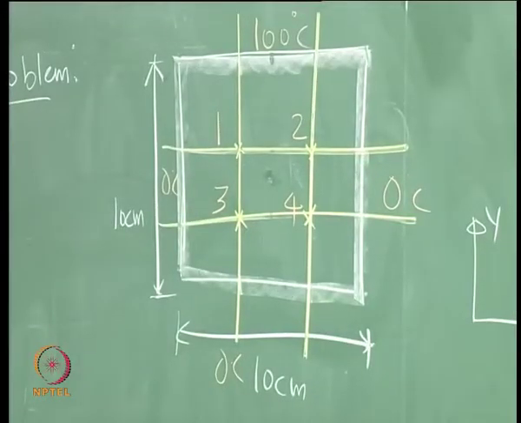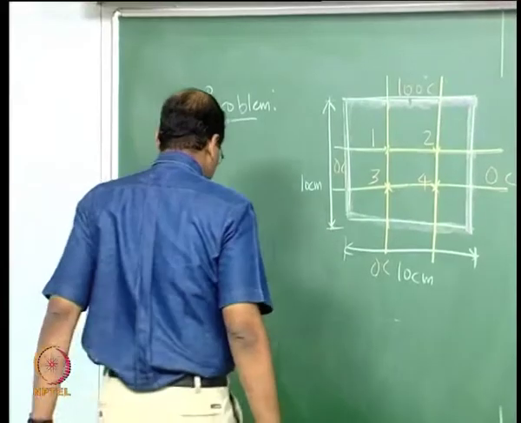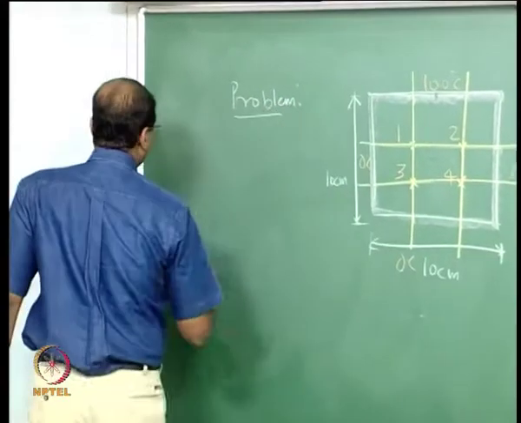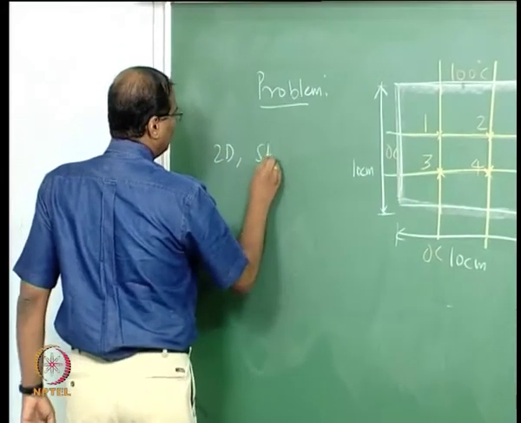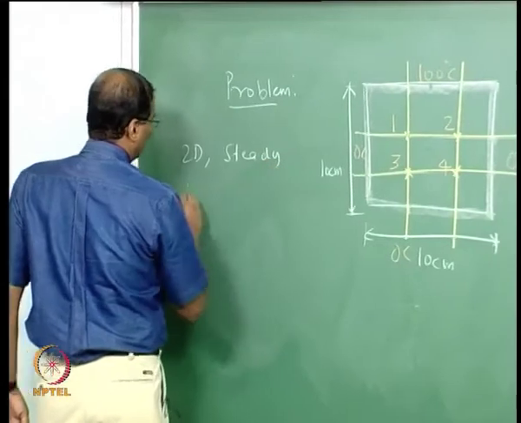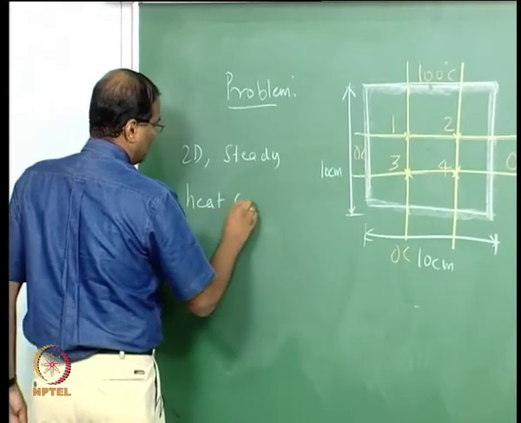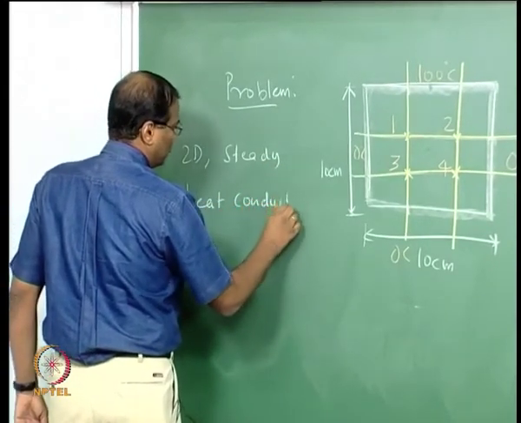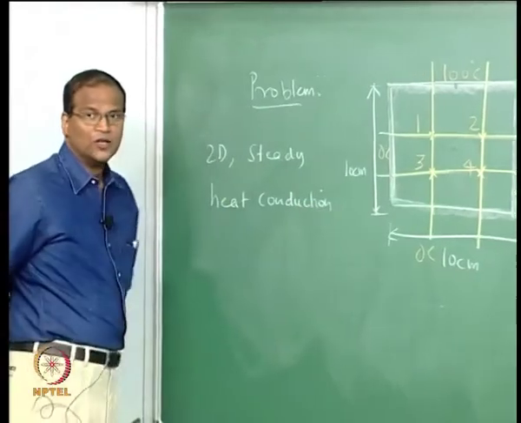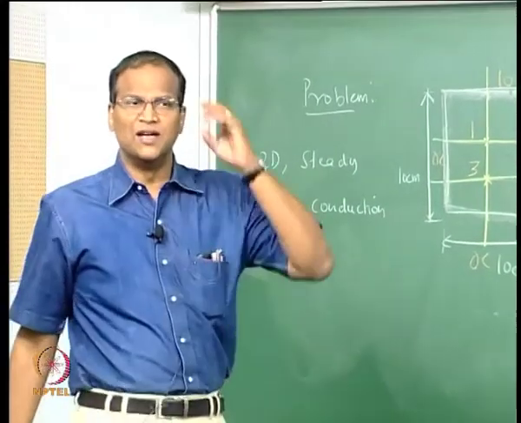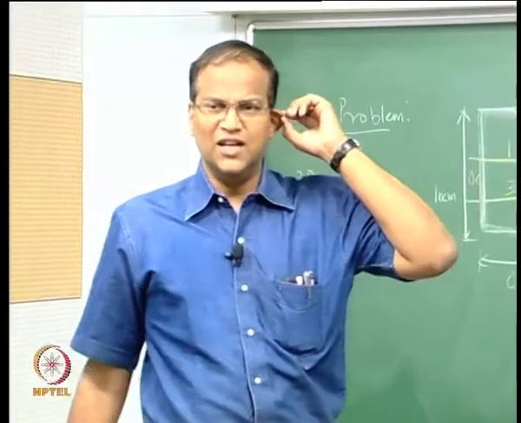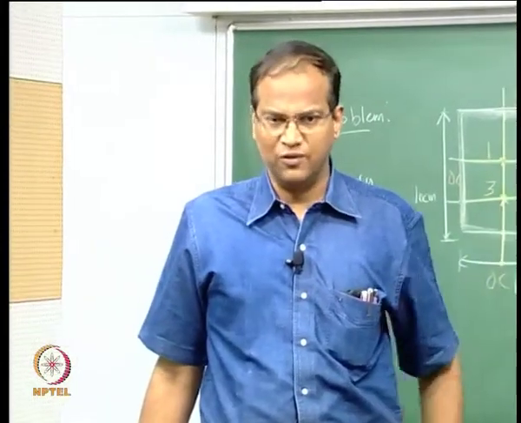Now, let us take a simple problem, 2D steady state heat conduction. The slab is 10 centimeter by 10 centimeter, it is equi-space. For simplicity we are having only 4 points, 1, 2, 3, 4.